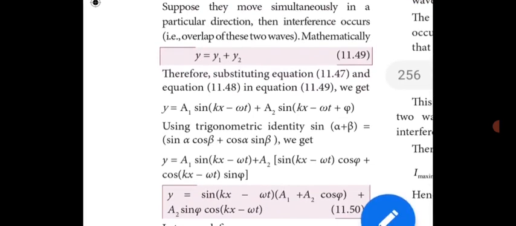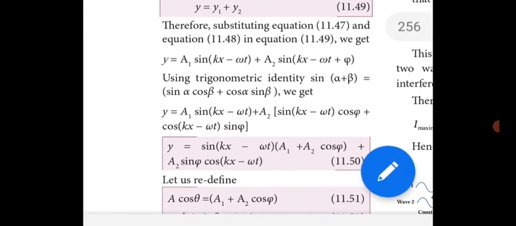Substituting the values of y1 and y2 in this equation, we get y is equal to A1 sin(kx minus omega t) plus A2 sin(kx minus omega t plus phi).